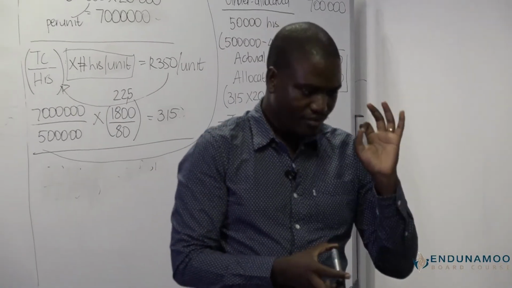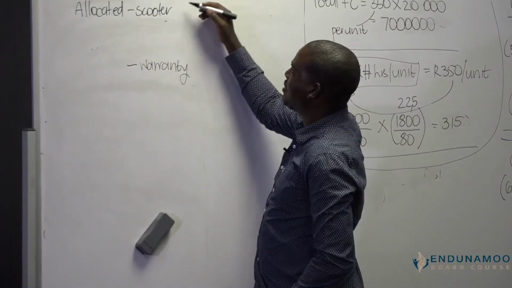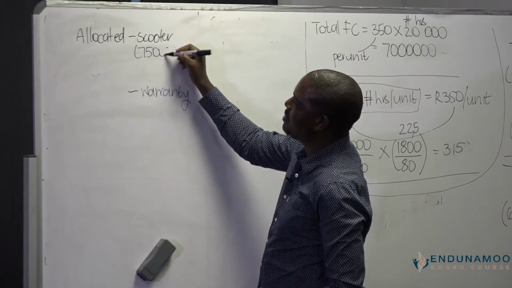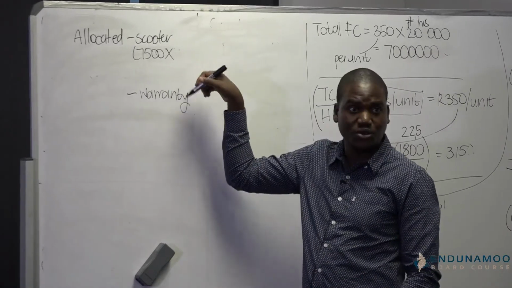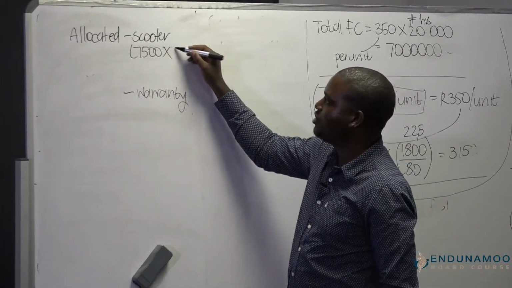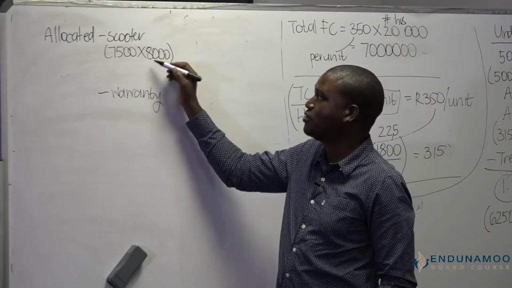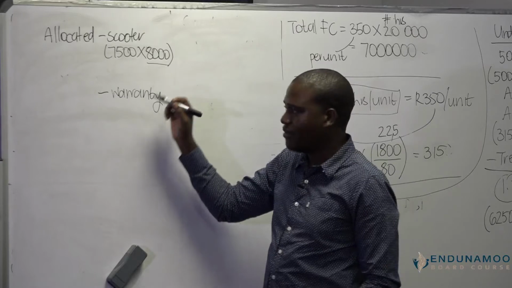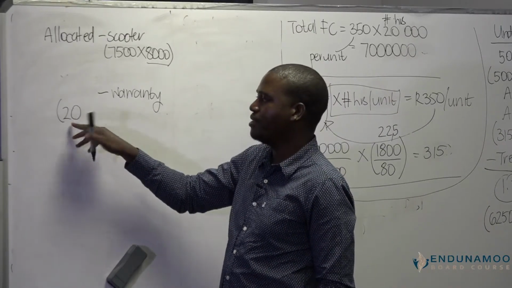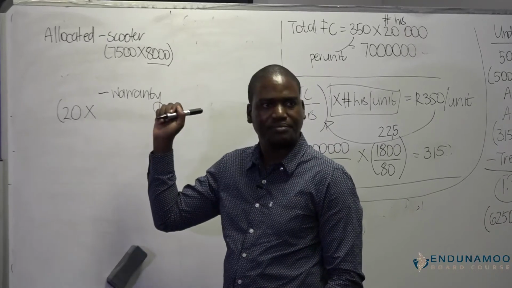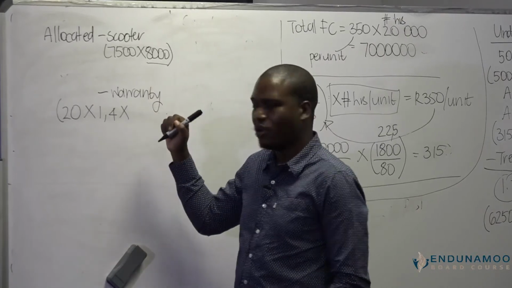So we've got here the standalone selling price of 7.5, right? Multiply by what? Remember that this calculation works in total. So you'll need 8,000, being the number of scooters sold altogether. Then they said they charge 20 Rand per hour, multiplied by 1.4.